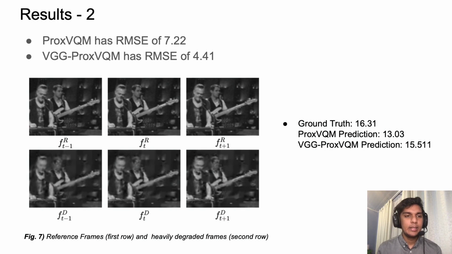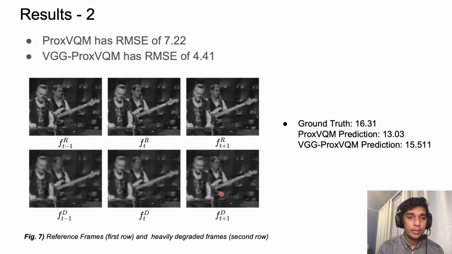Here we can see an example of the networks being used to predict the VMAF score over a sequence of 3 frames. In figure 7, the top row corresponds to the reference frames and the second row, F superscript D, corresponds to heavily degraded frames.